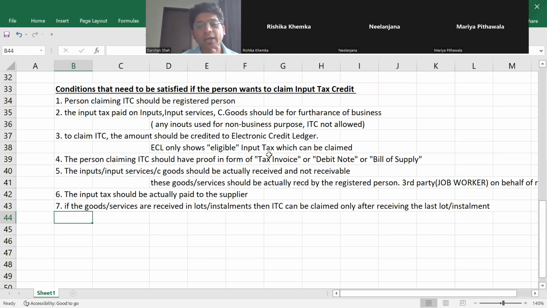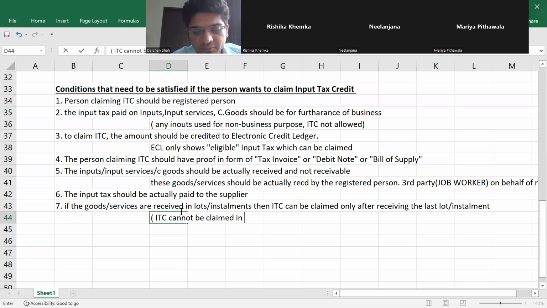Only after the third installment has been received can you claim the entire ITC. You cannot claim partial ITC. ITC cannot be claimed in installments. You will say, I have received the first installment, I have paid for it, let me claim ITC for the first installment. Not allowed. ITC can be claimed only after the entire lot has been received.